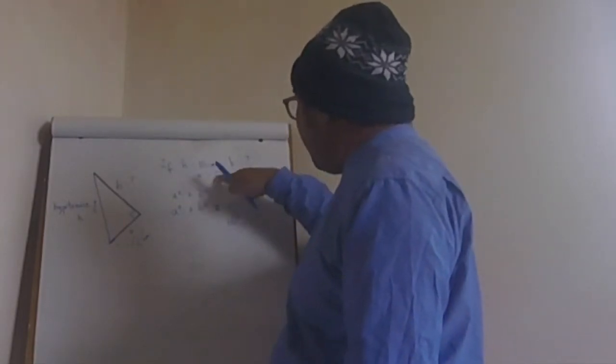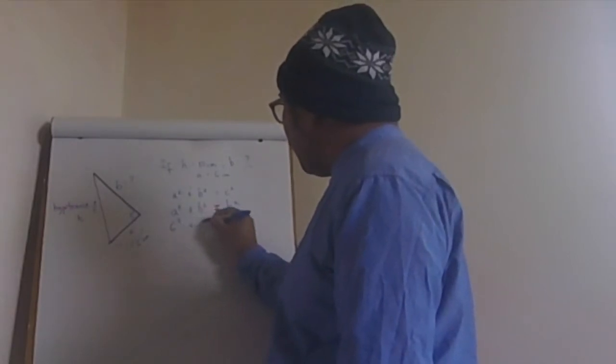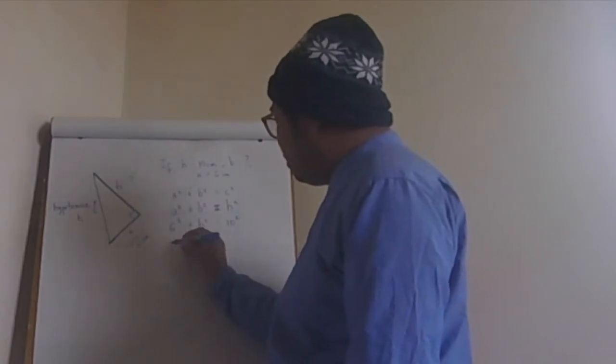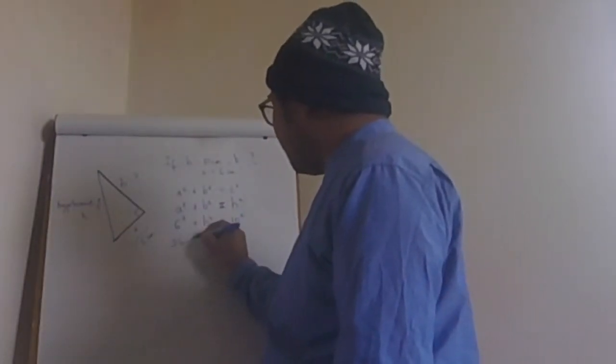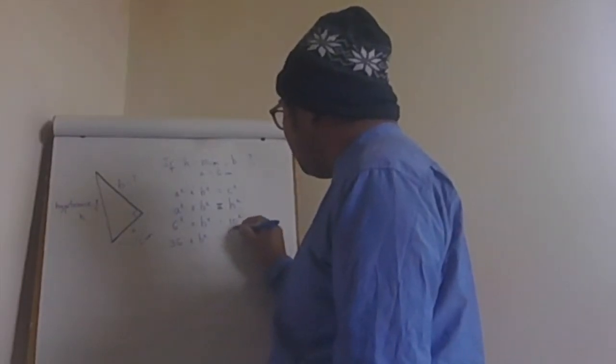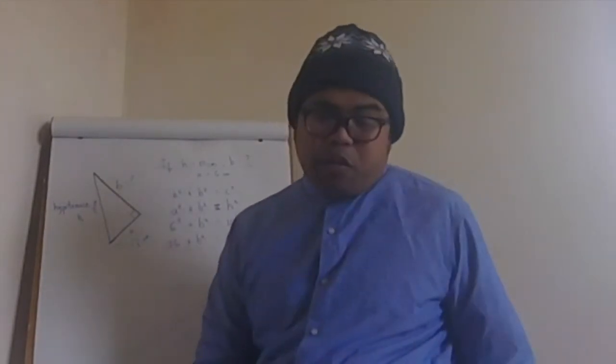Now, A is 6 squared. The value of 6 squared is 36, plus B squared equals 10 squared, which is 100. Now this is where the algebra comes in.